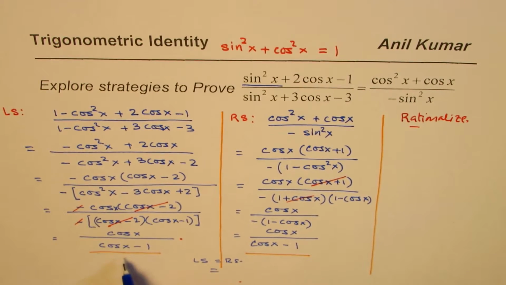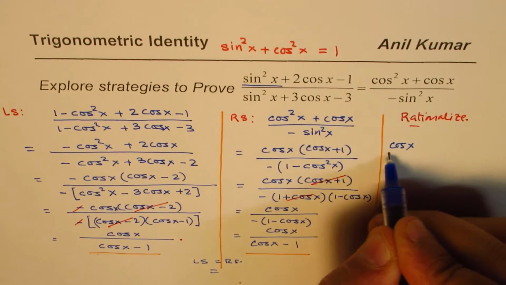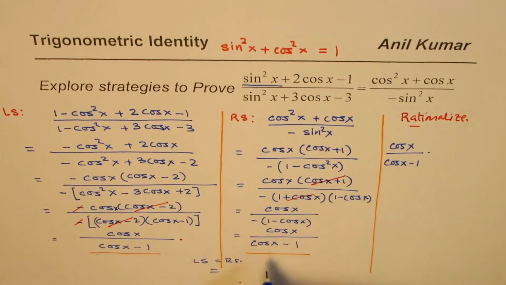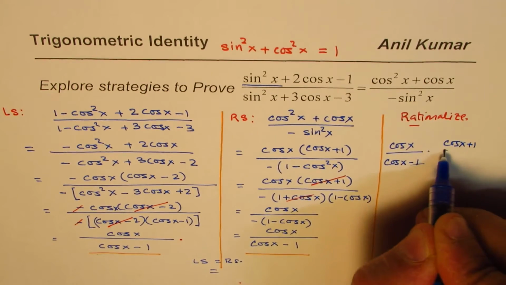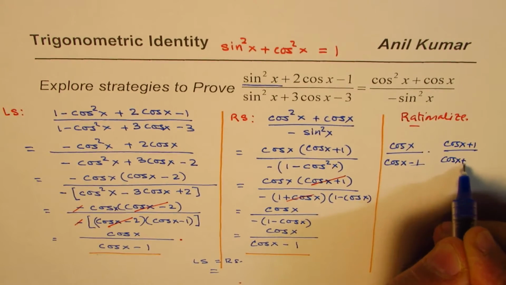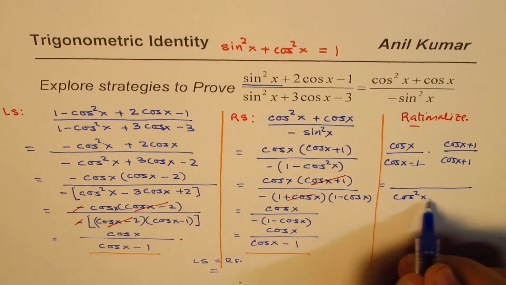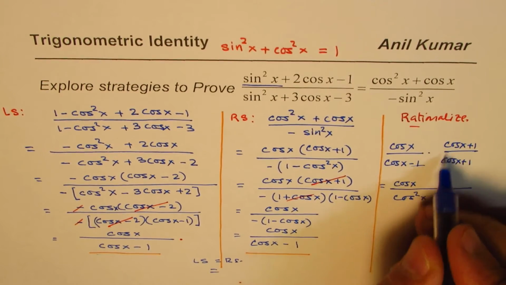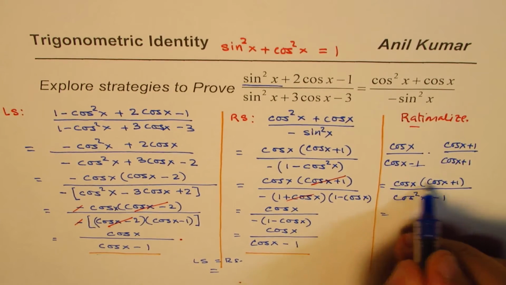But let's understand how the left side could be rationalized to get the right side. We have cos x over (cos x minus 1). To rationalize, we multiply by the conjugate, that is cos x plus 1, and divide by the same thing. That gives you, in the denominator, cos²x minus 1, and in the numerator, cos x times (cos x plus 1). Let us expand this.